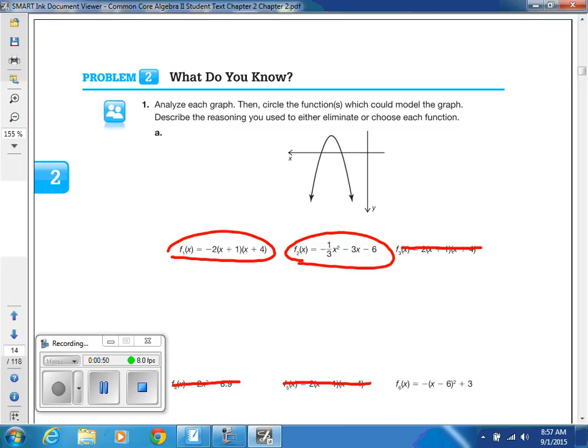What form is this in? Remember what that form's called? Look back. That's vertex form. What is it telling me that the vertex is?